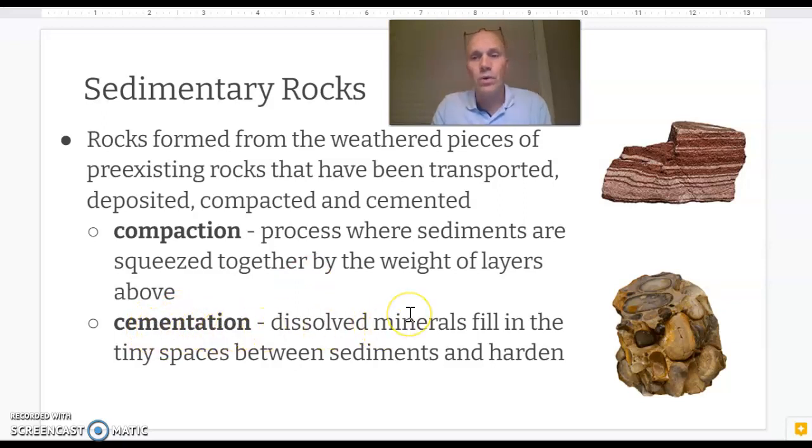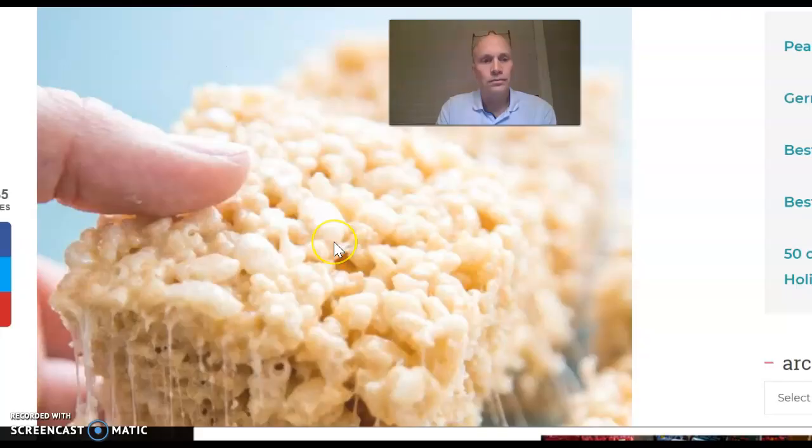All right. So what I tell people is a good thing to remember when you think of sedimentary rocks is to think about a Rice Krispie treat. Okay, so hopefully you're familiar with the Rice Krispie treat. The way these things are made, they start from a bunch of tiny little Rice Krispies.